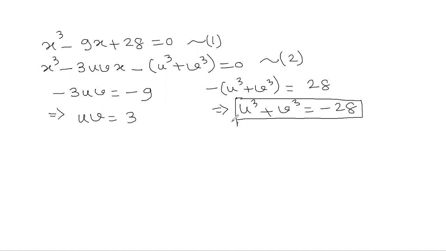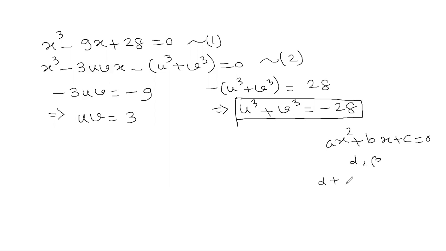Now the relation of roots and coefficients is already known to you. Suppose you have a quadratic equation ax square plus bx plus c, and suppose alpha and beta are the roots of this equation. What are the relations between roots and coefficients?